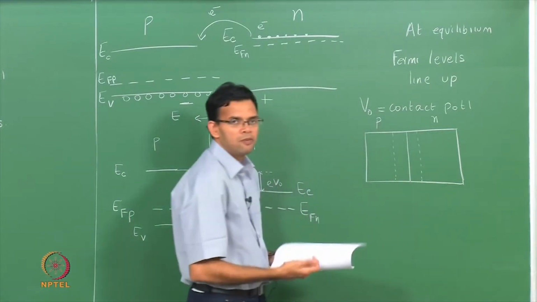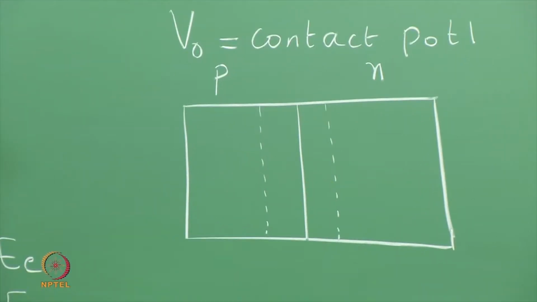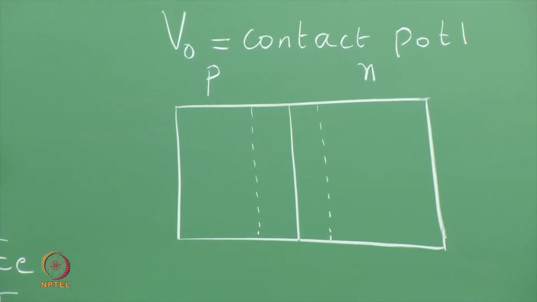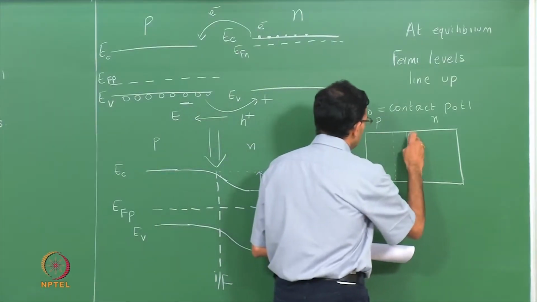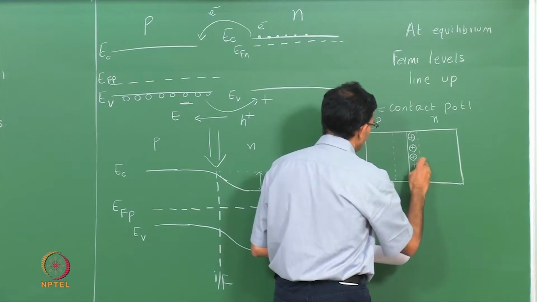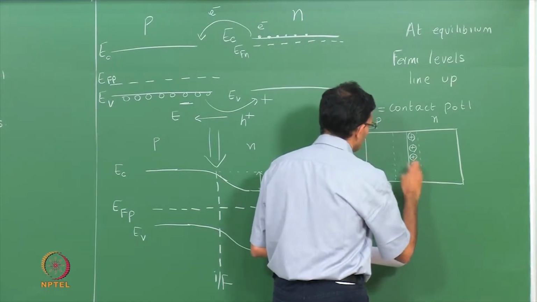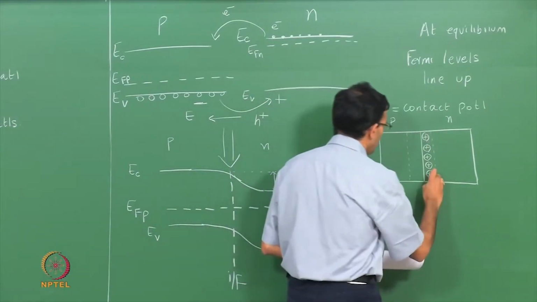Electrons move from the N to the P. When these electrons move, you are left with donor ions. Since donor ions donate an electron, and when these electrons move, they have a net positive charge. So, there is a net positive charge on the N side. This net positive charge refers to the donor ions.